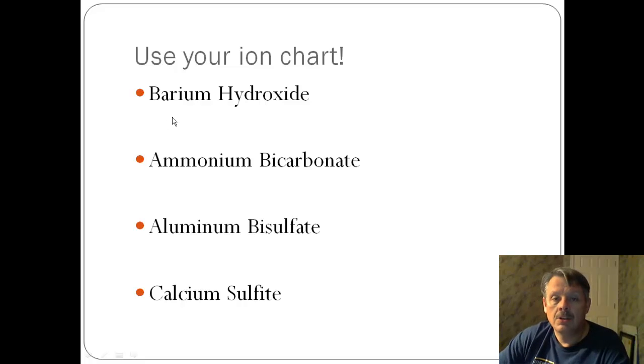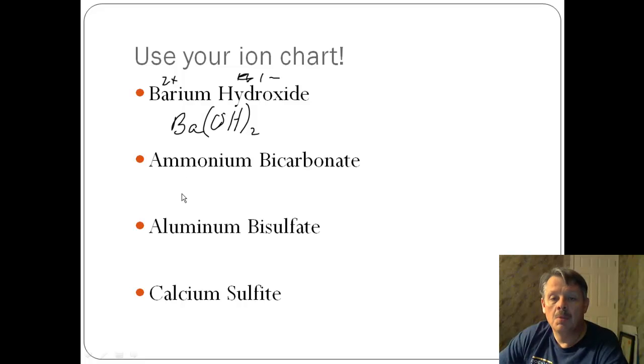All right, your first one is barium hydroxide, Ba(OH)2. This is a 2+ and a 1-, so I need 2 OHs, so I have to put a 2 around it. Ammonium, that's NH4, that's that new one. And bicarbonate, I have to look at my chart for that, and that's HCO3, and that has a 1+ and a 1-, so I don't have to add any additional subscripts.